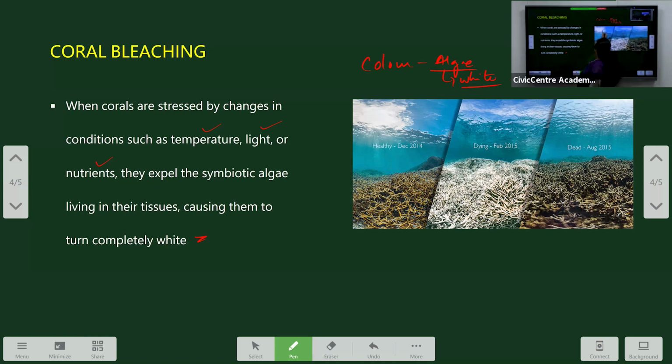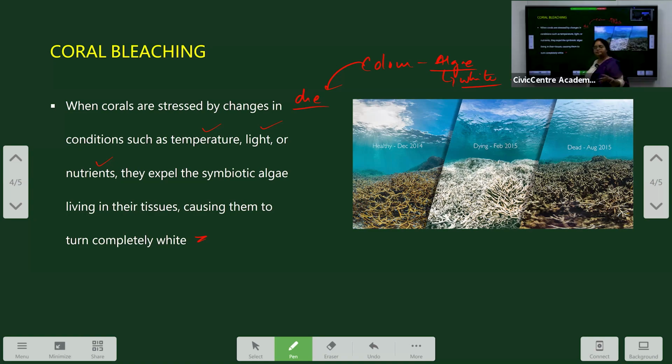Now, when these coral ecosystems are stressed due to changes in temperature, sunlight or nutrients, the algae in the corals tend to die. And hence, the corals appear white.